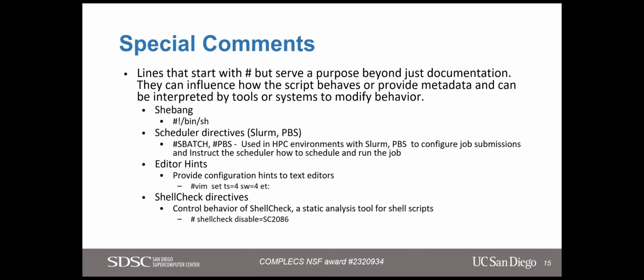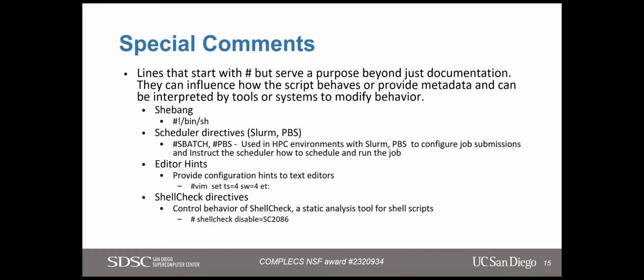The next one: all HPC systems have batch schedulers. If you've been to some of our previous talks where we've talked about Slurm, you've probably seen some of the batch scripts that have an SBATCH in them. The batch scripts are essentially just shell scripts.